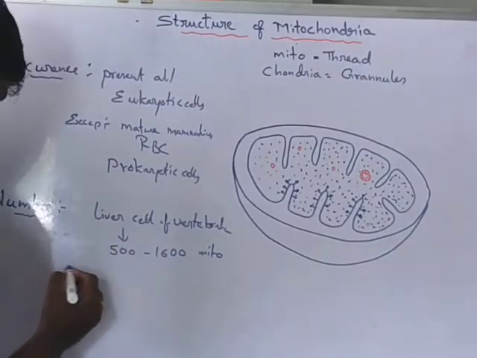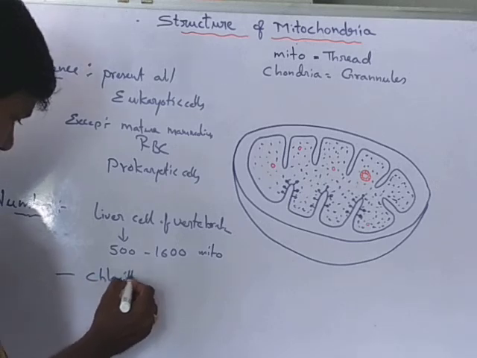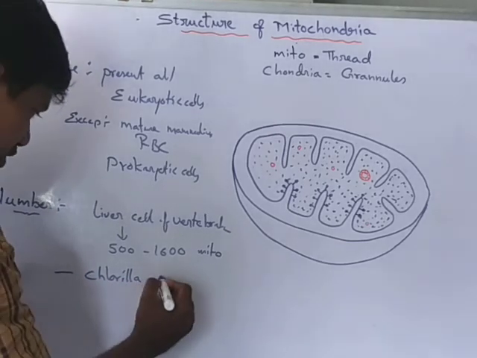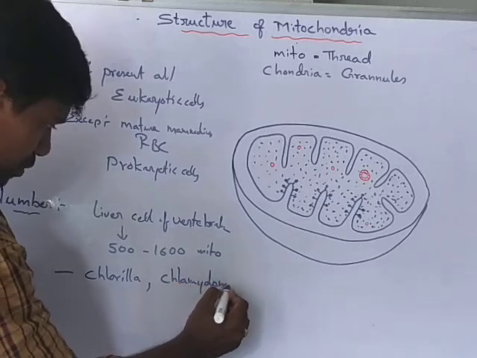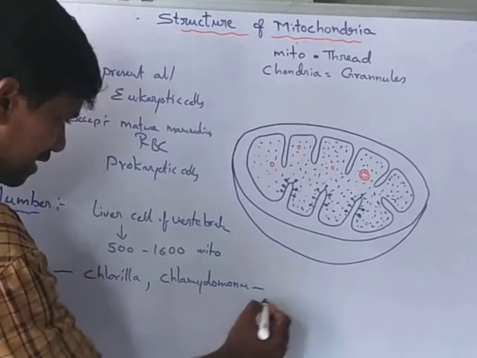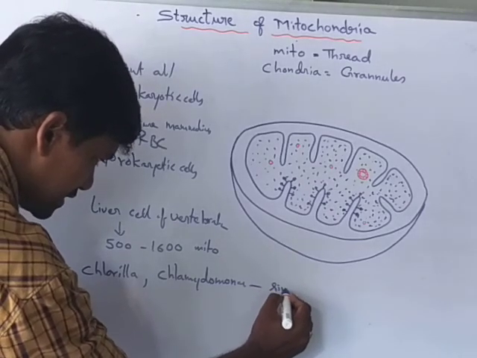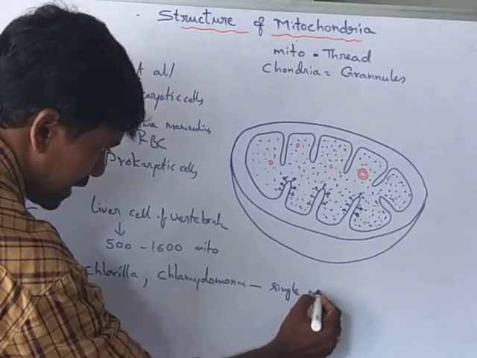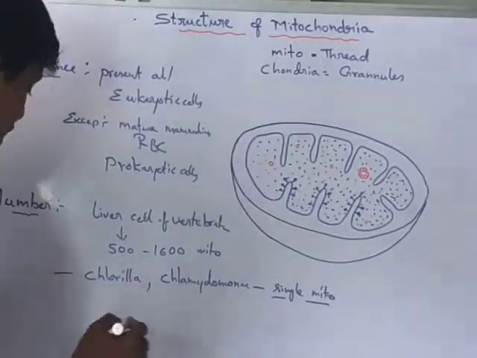If you take the alga Chlorella or the unicellular organism Chlamydomonas, they have only a single mitochondrion.